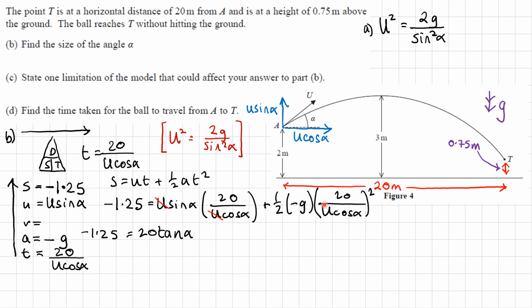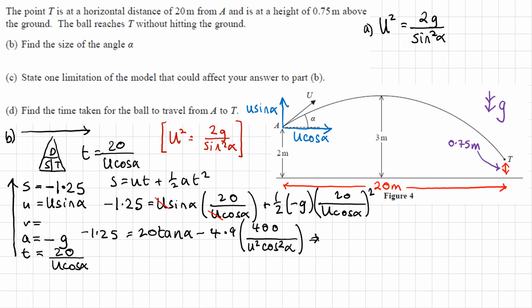If we move to this bit over here, then we'll have negative G over 2. Let's actually put in the value of G, 9.8. So we'll end up with negative 4.9. And then in the brackets, 20 squared, so 400 over U squared cos squared alpha.